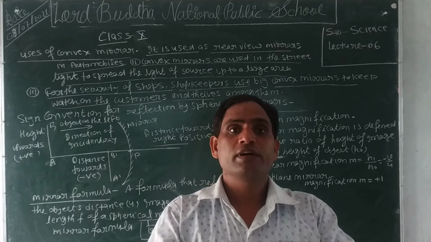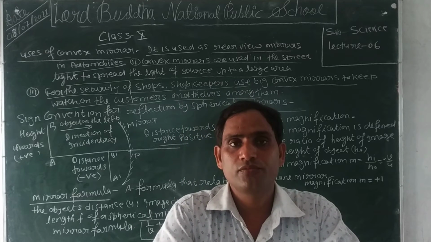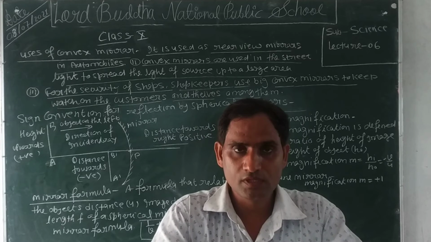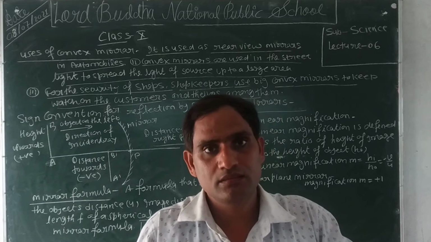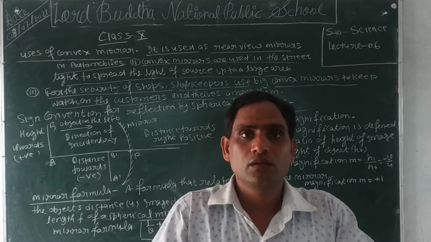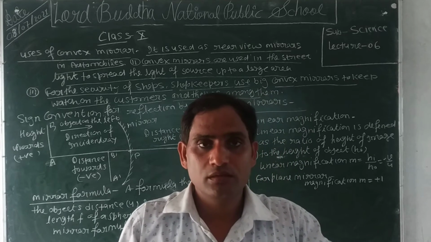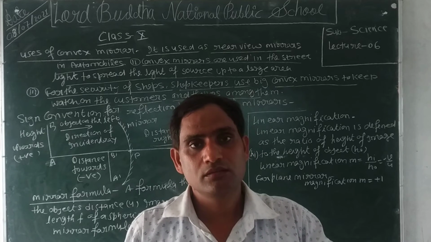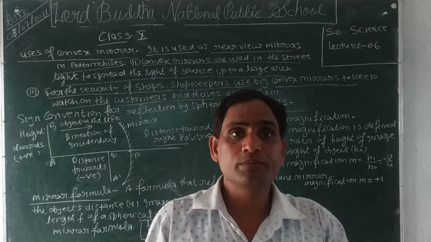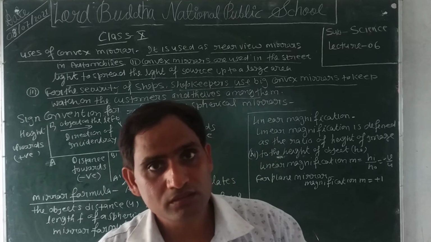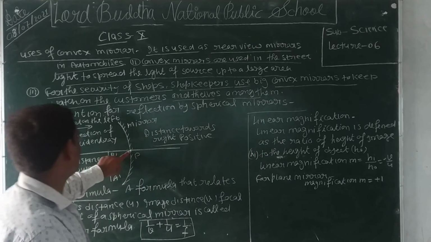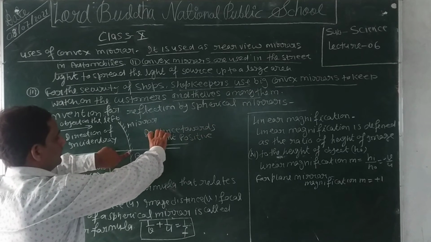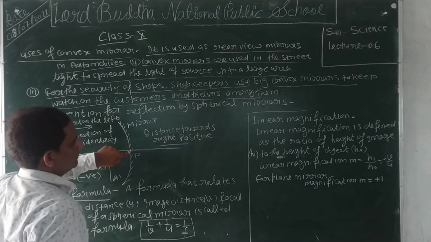The distance of object or image measured on the x-axis: if we measure the distance in the direction of the incident ray, meaning to the right of the pole, then it will be positive.